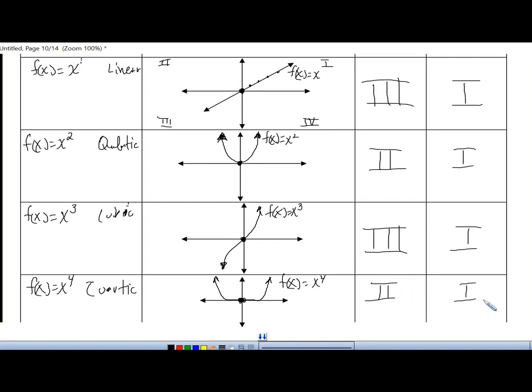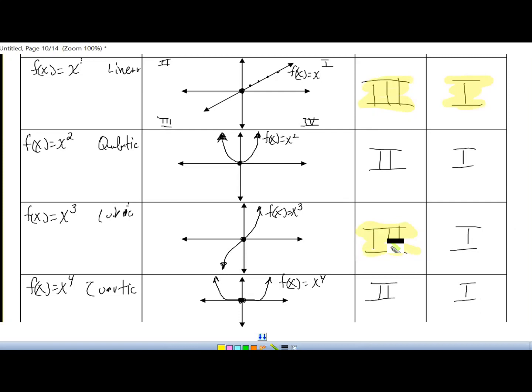Okay. Now let me show you something, guys. Put your utensils down, look up to the screen. Now, by looking at it, by now, hopefully you see some commonalities. Who sees that this one starts in quadrant 3 and ends in 1? Is there another one like it? Yes.